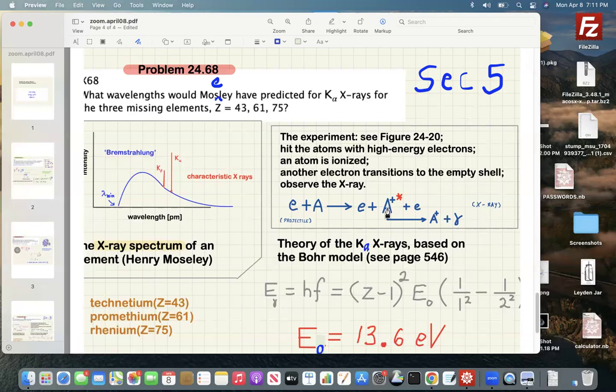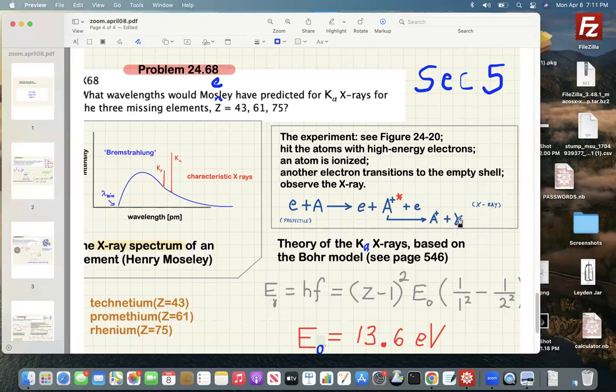And then one of the higher energy electrons will drop down into that lower empty shell and radiate a photon, because a very common electron transition emits one single photon.